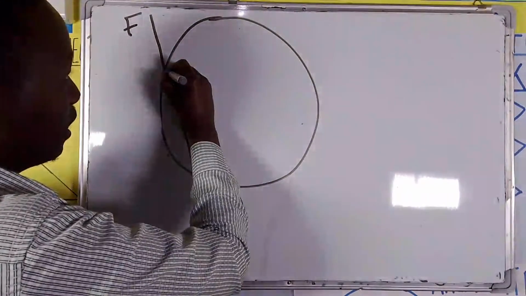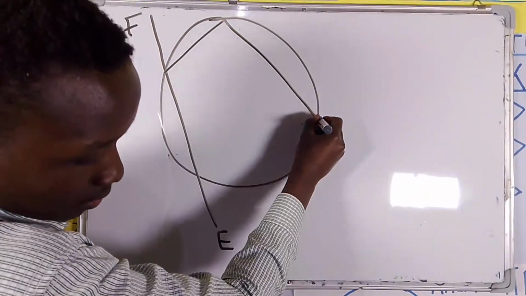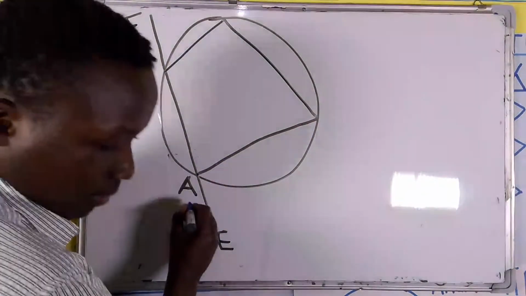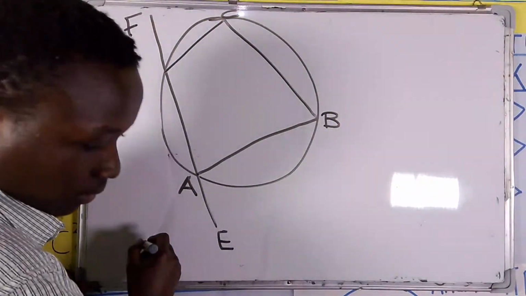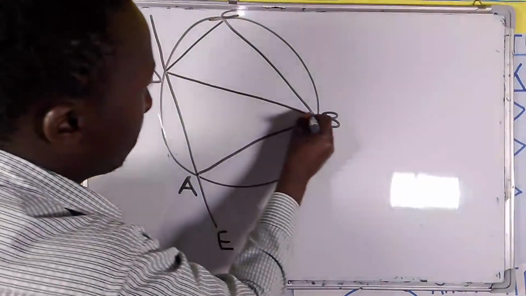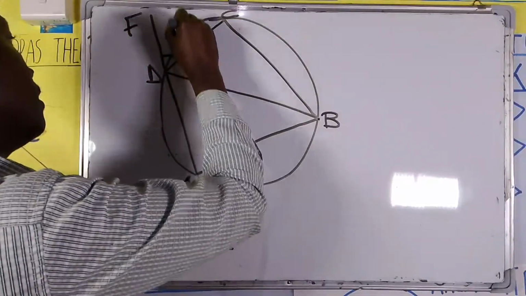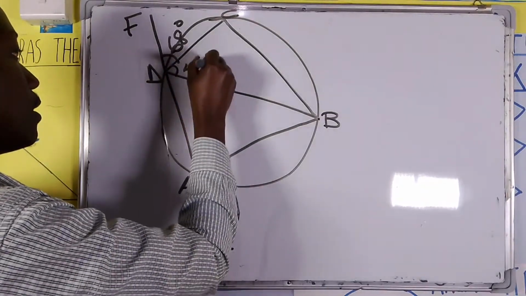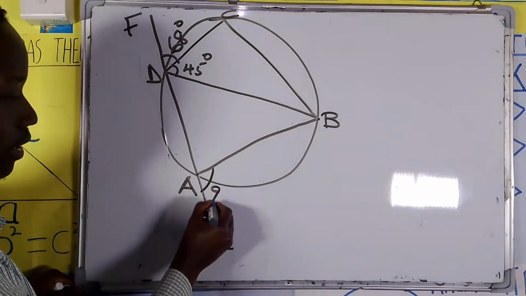Then we have a cyclic quadrilateral, this one is A, this one is B, this one is C, and this one is D. Then we have another line here. We have this angle as 68 degrees, as we have been told. We have another angle here as 45 degrees. We also have another angle here as 98 degrees.